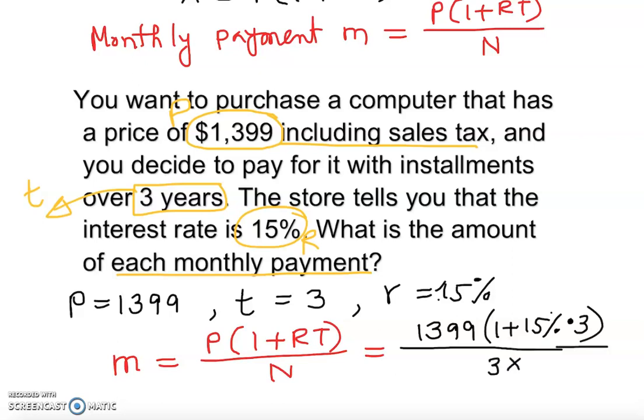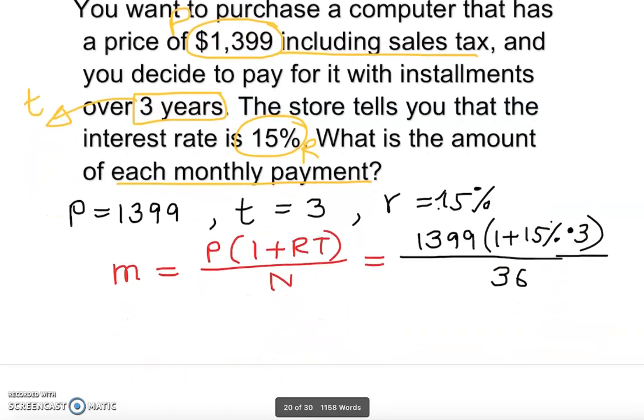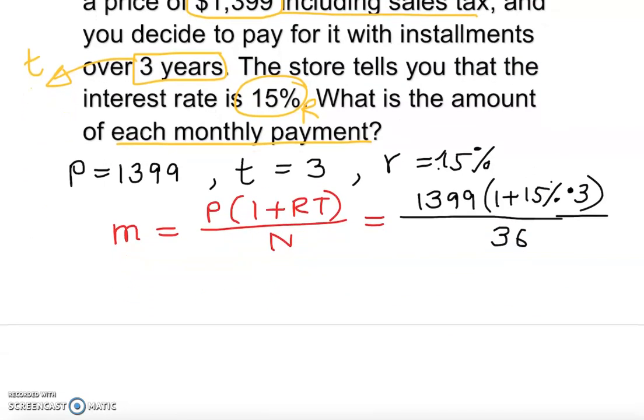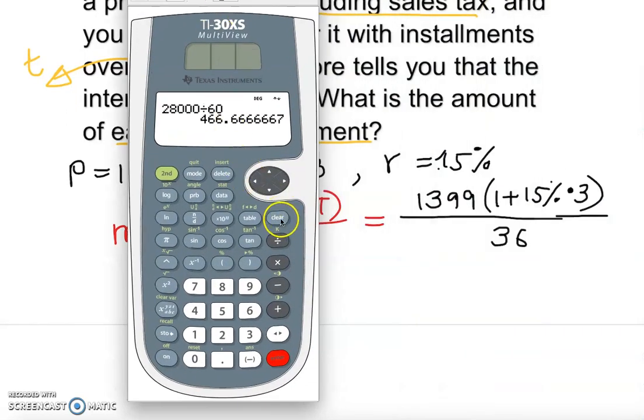I can say 3 times 12, or you know what, I can just say 36. Either way it is fine.